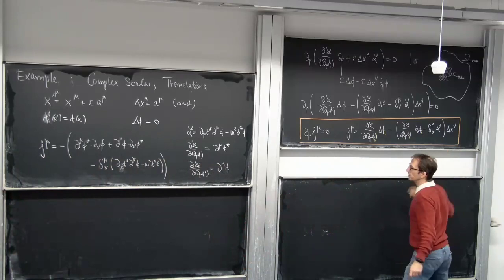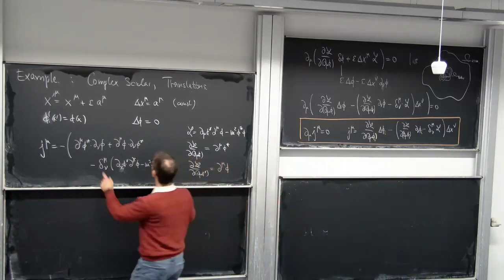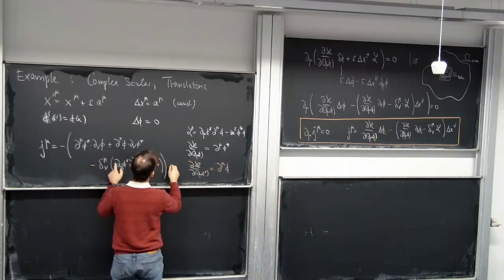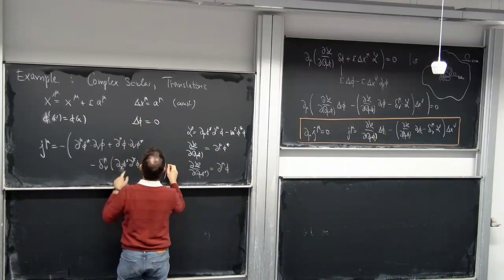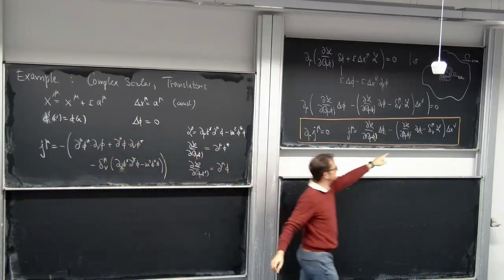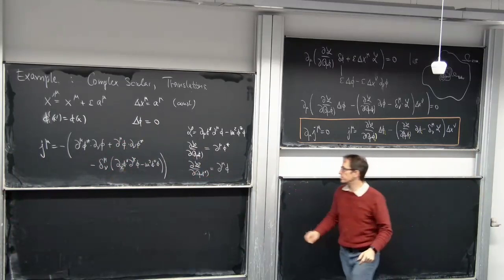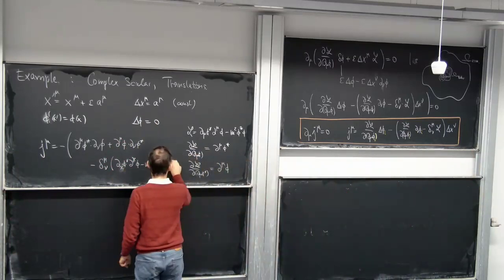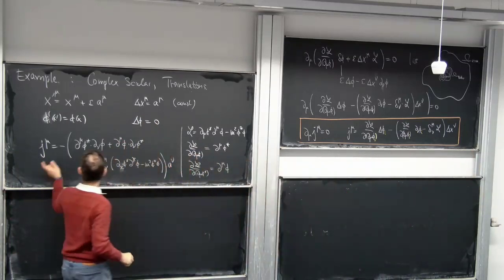This delta is missing the index: there's a delta x, and the delta x is this A. I need to write an index mu, so this is A mu. Right, so that's really it.